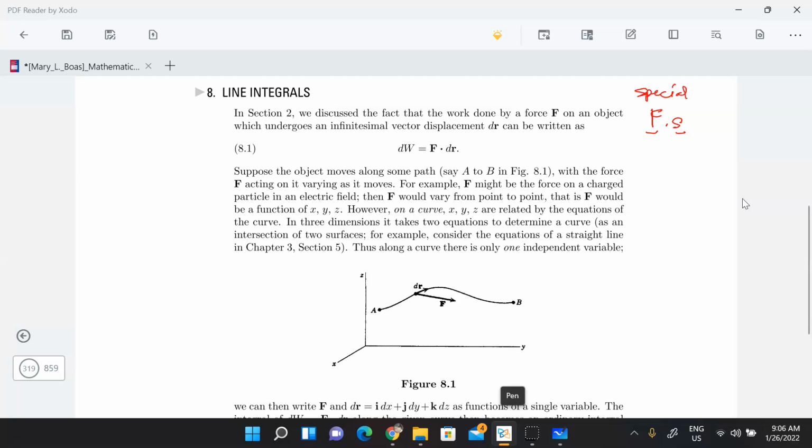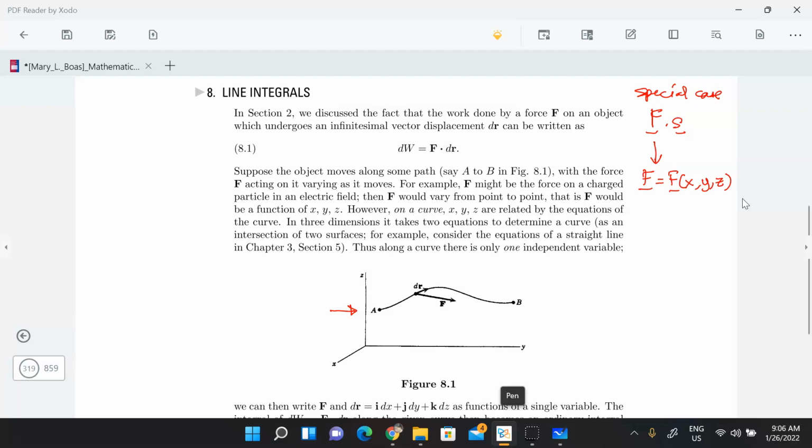So usually, what one would have is essentially your force will depend on your coordinates, and you would like to see how the work done by this force along some particular curve. So this is an example in this picture over here.